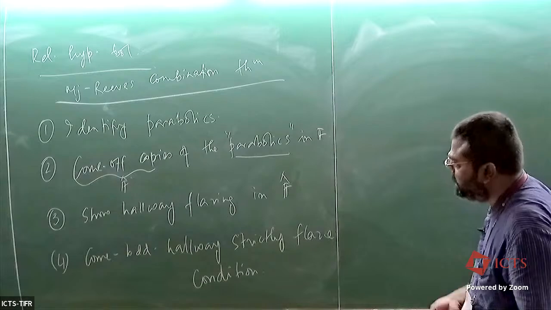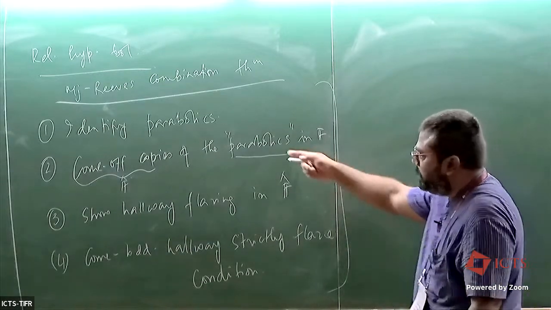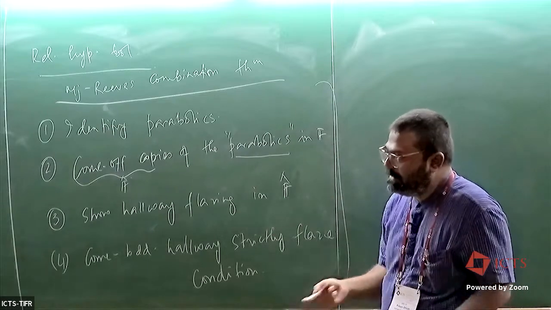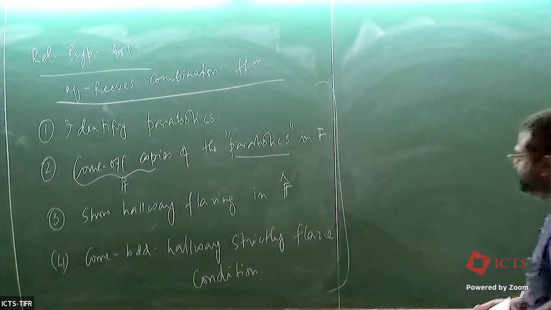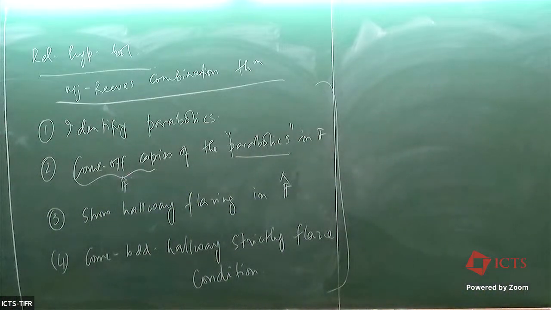So this is a two-step cone-off process. First, you cone off here, then you show these two properties. Then it says that you can again do the semi-direct product coning off.